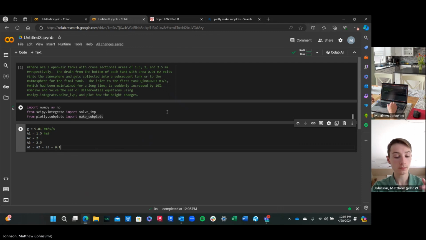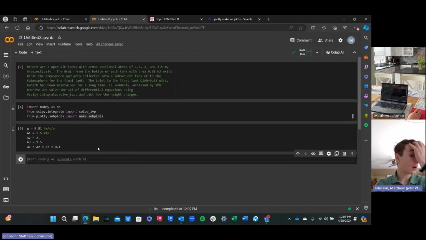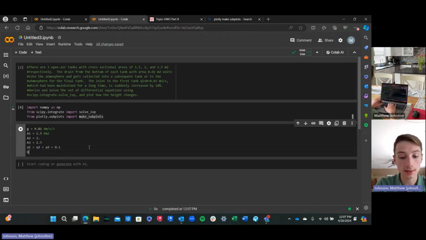All right, so I think we'll start with that. Now, we need to express somehow the initial height of each tank. We know that the flow in that Q, oh, that's the other thing we need. I forgot. Q in naught is 0.03, and that's in meters cubed per second.